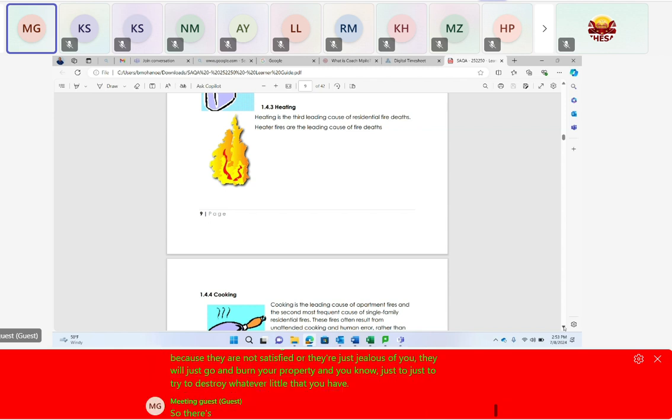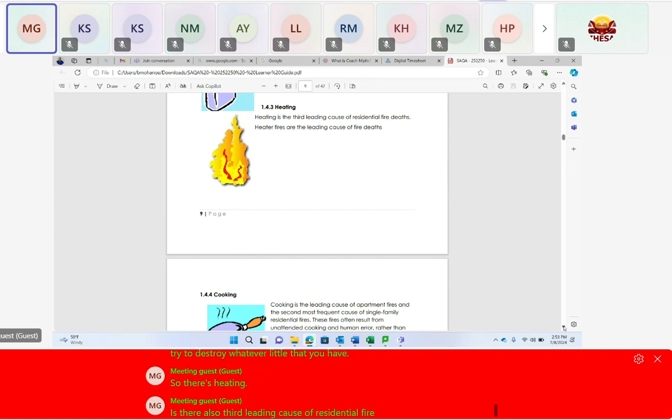So heating is also the third leading cause of residential fire deaths. Heater fires are the leading cause of fire deaths.